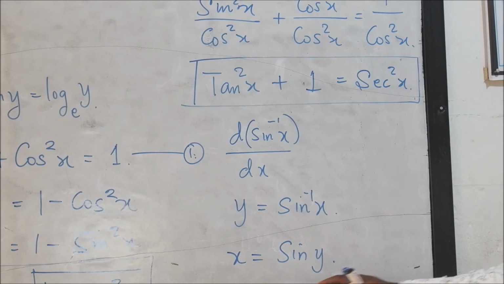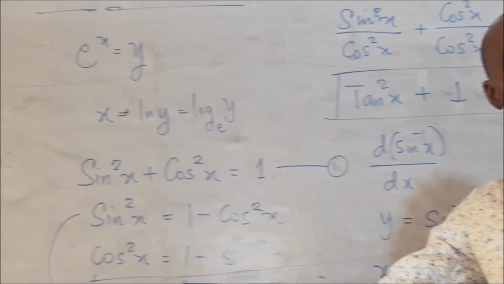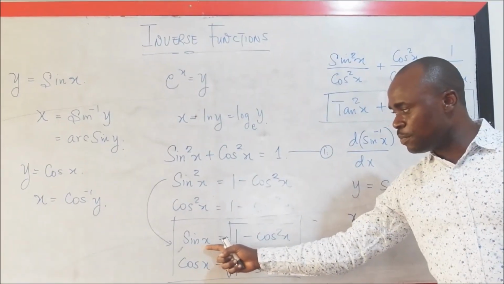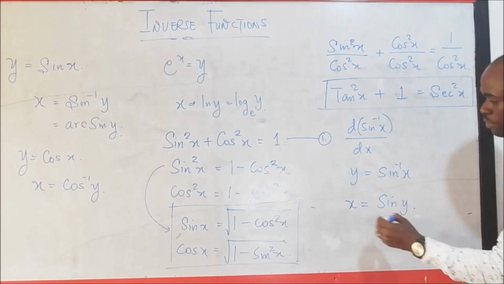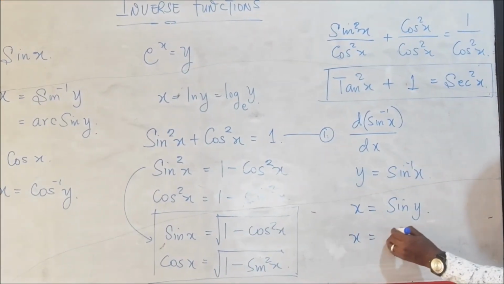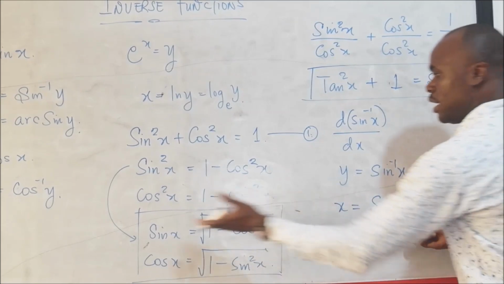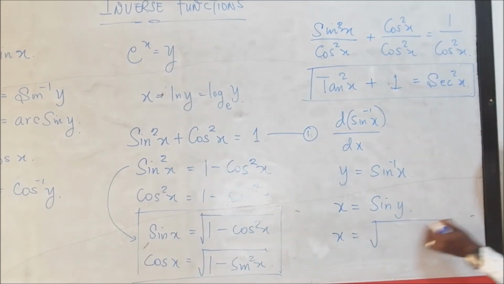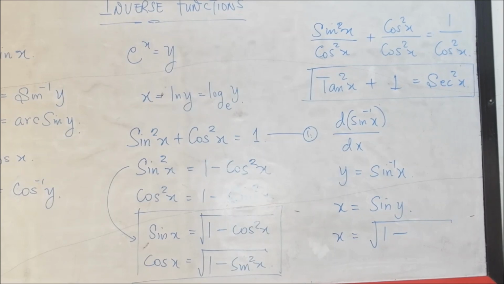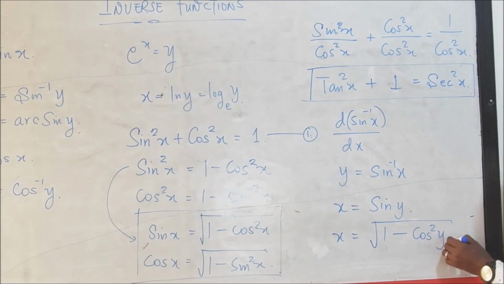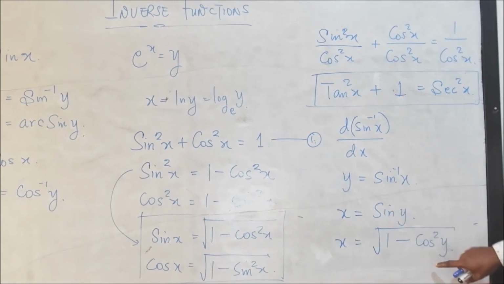And if x is equal to sine y, we can replace it with the formula we have, which says sine y is the square root of 1 minus cos square y. So this is actually equal to this.